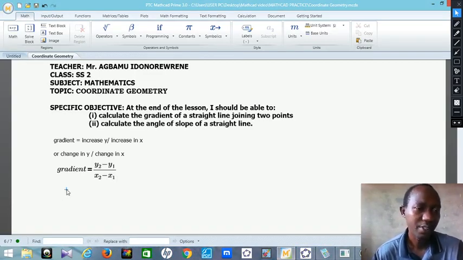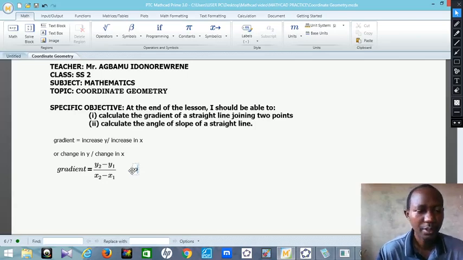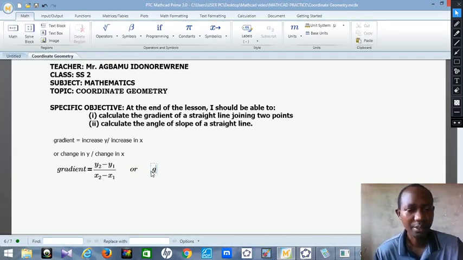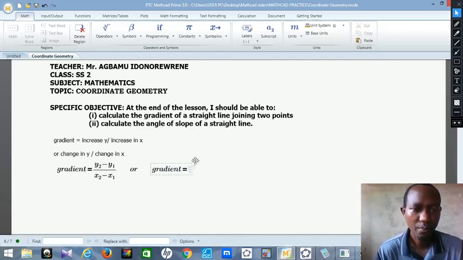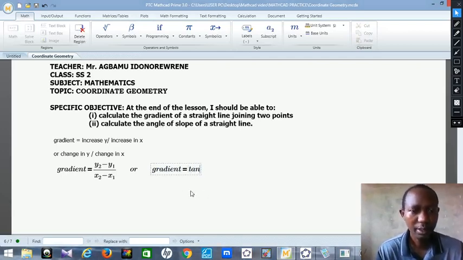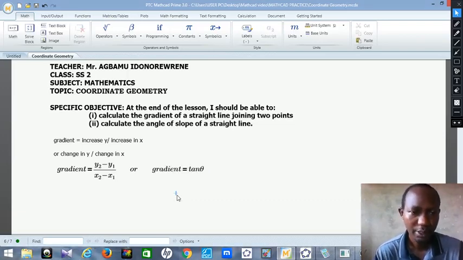Or if you don't want to use this, depending on if the points are not given, maybe the angle is given, you can use gradient equals tan theta. So this is another formula for gradient.